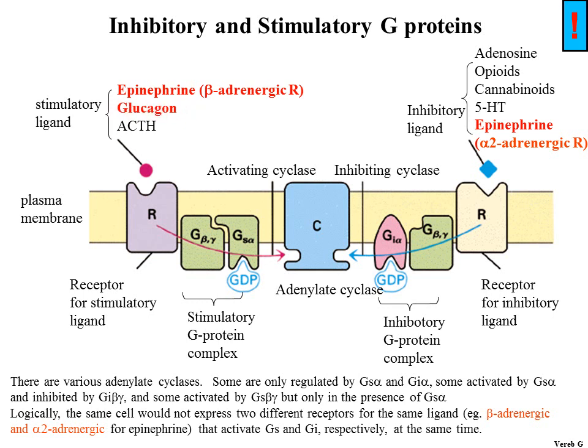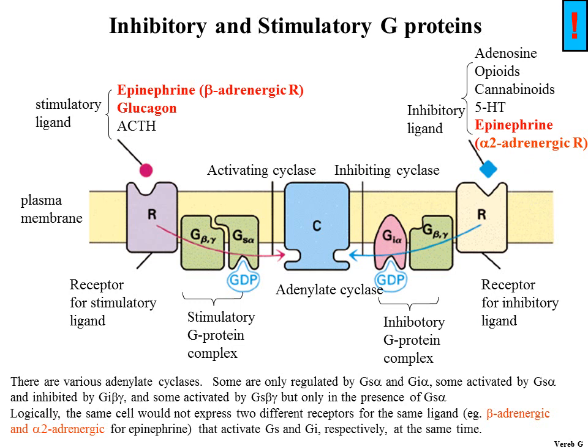The other thing that I would like you to remember is that epinephrine can have different receptors. The beta adrenergic type will feed through stimulatory G proteins. The alpha adrenergic type will feed through inhibitory G proteins.